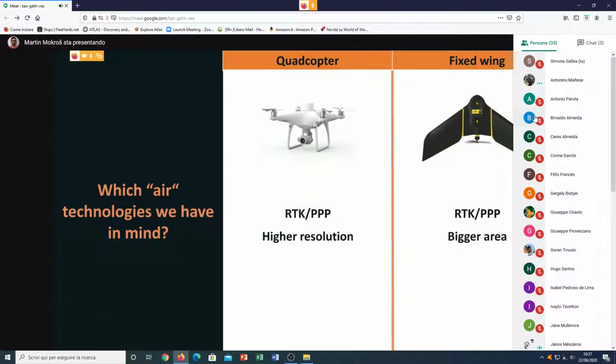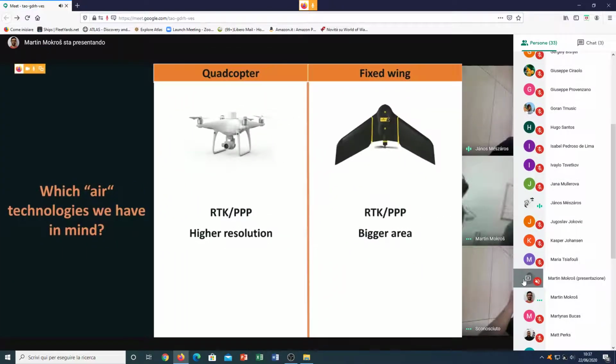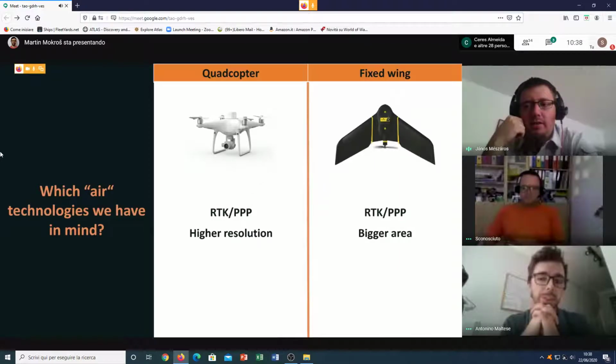Martin, do you plan to use small laser scanners carried on a UAV to measure forested areas? I mean, there are some small size laser scanners on the market already, like Velodyne products.